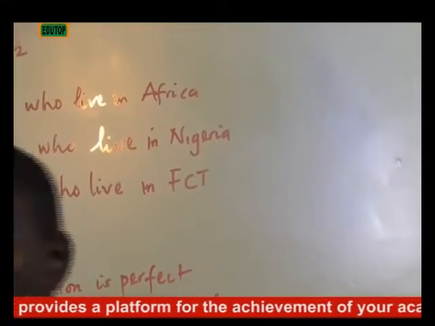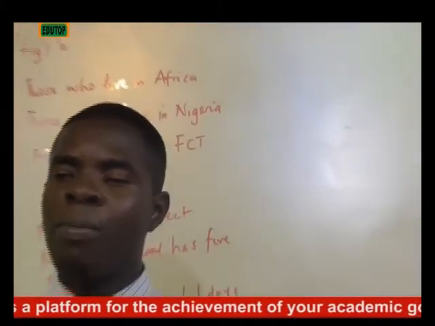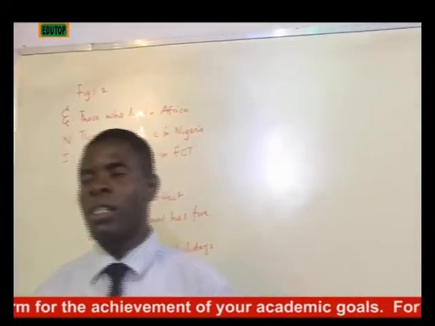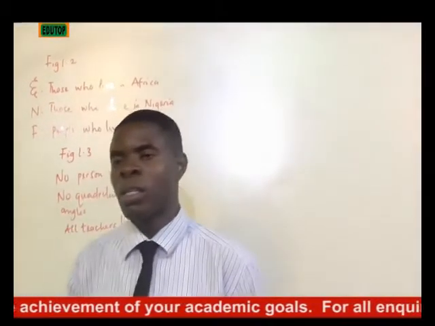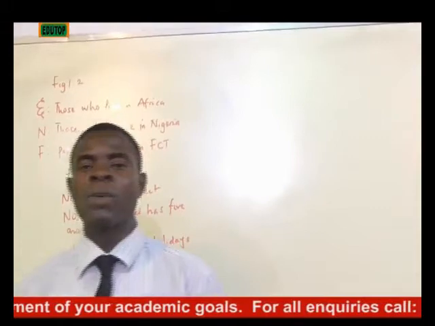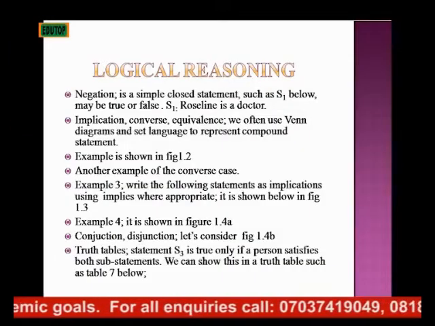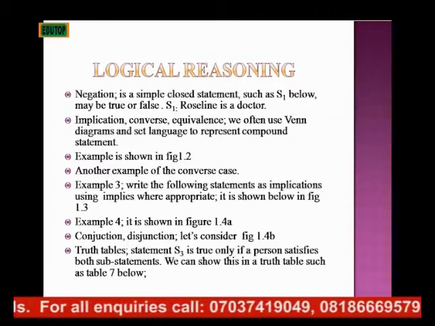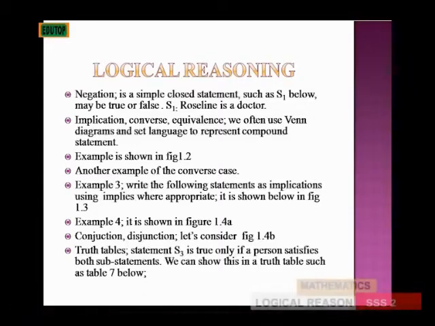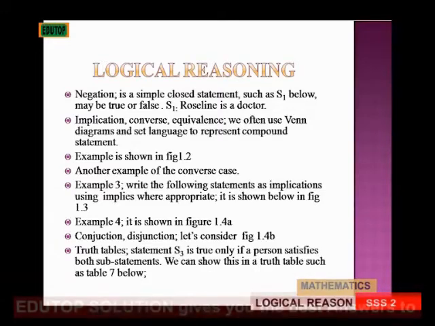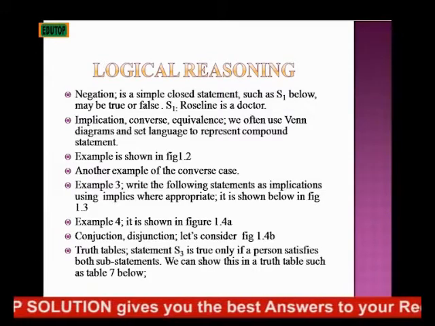And there are some terminologies that are very important in this topic. The first thing we talk about is the negation. What is negation? Negation is a simple closed statement such as S1 below that may be true or false.